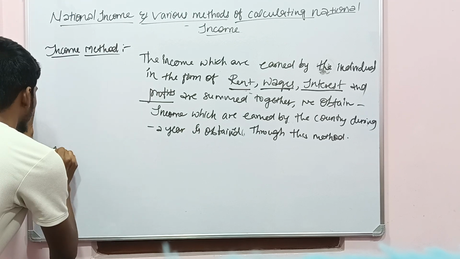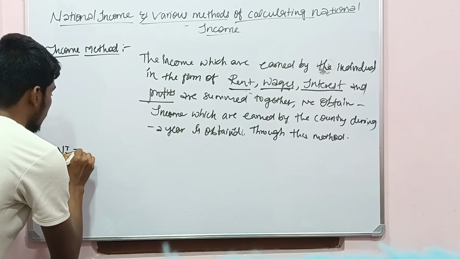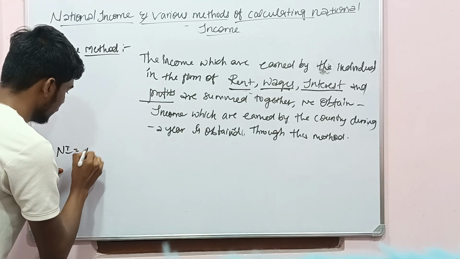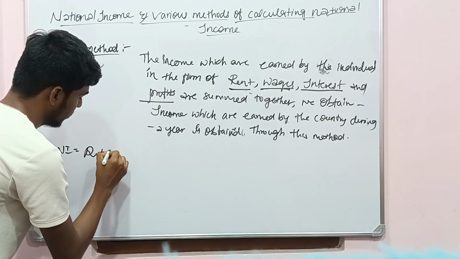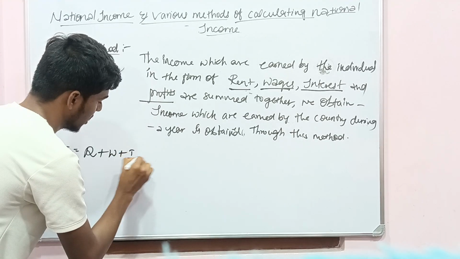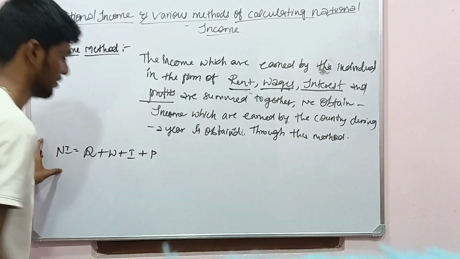Now see with the help of the formula: national income equals rent plus wages plus interest plus profits.